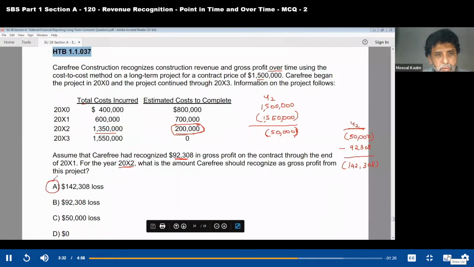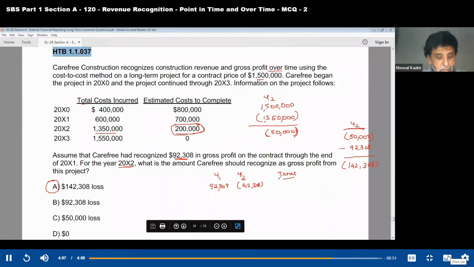Now, if you are confused about what's happening, just look at it like this. The sum of all the years' profit should sum up to the project loss. So in year 1, they recognized 92,308 profit. And in year 2, we should recognize a 142,308 loss. What is the total? The total will give us the total profit or loss of the project as of that date.